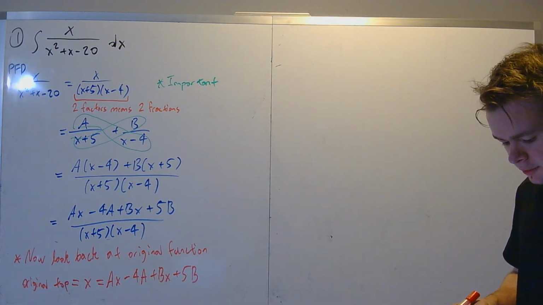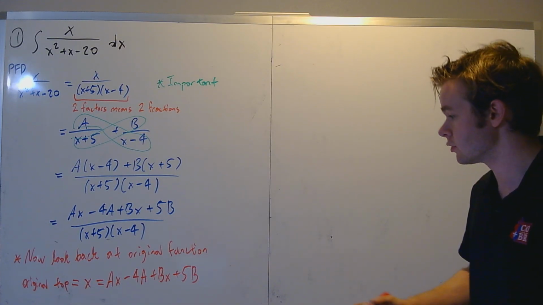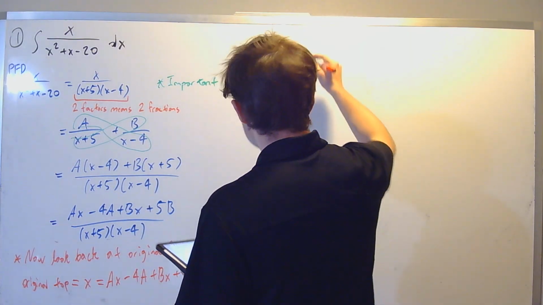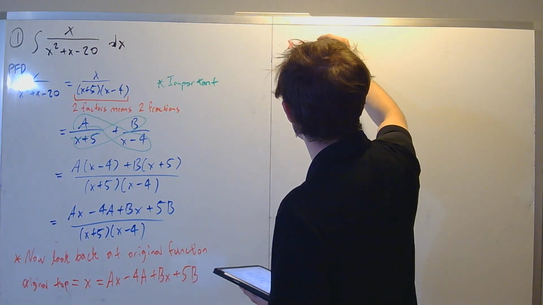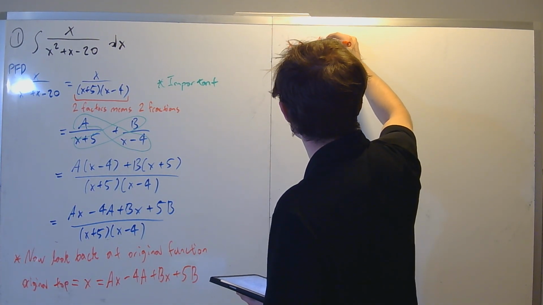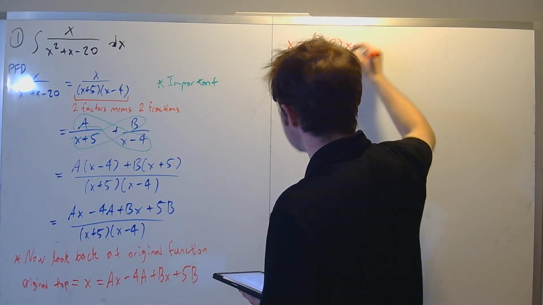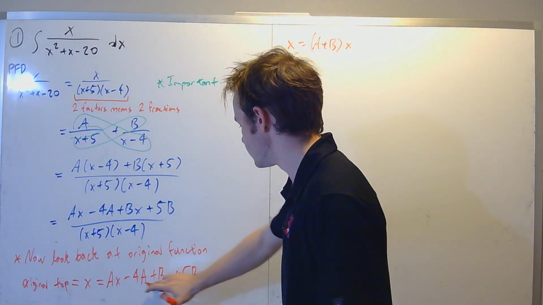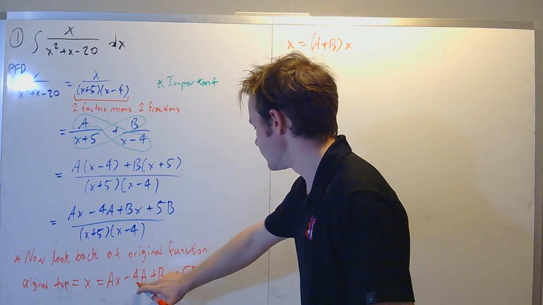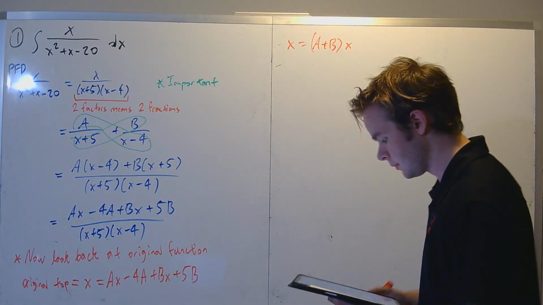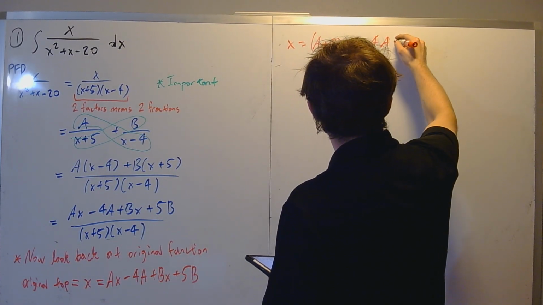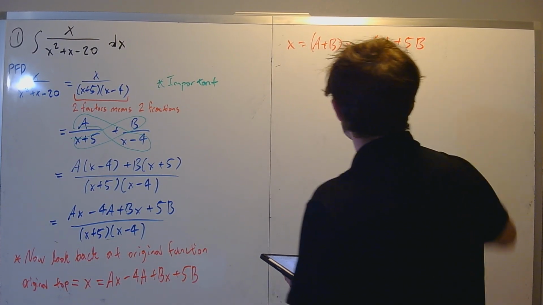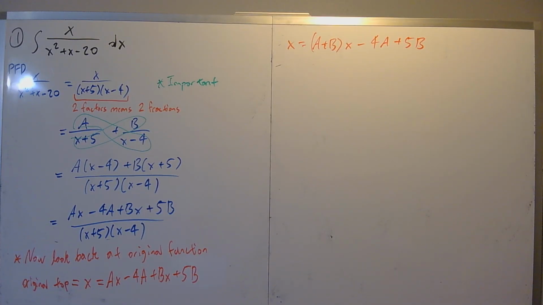Okay. So now we actually want to combine like terms. We're going to say that x equals, if we combine the x terms, a plus b times x. And if we combine the constant terms, we get minus 4a plus 5b. So just combining like terms, that's how we get there.